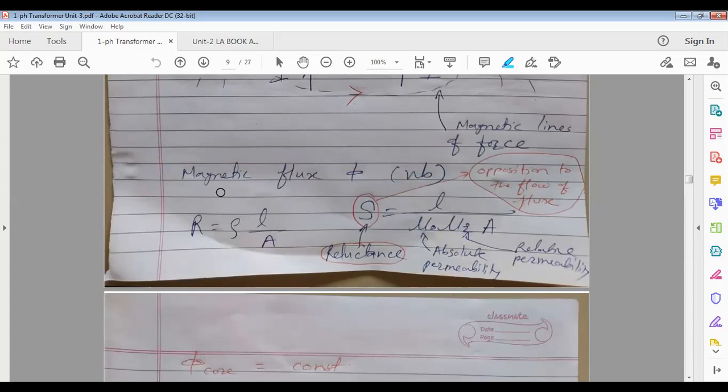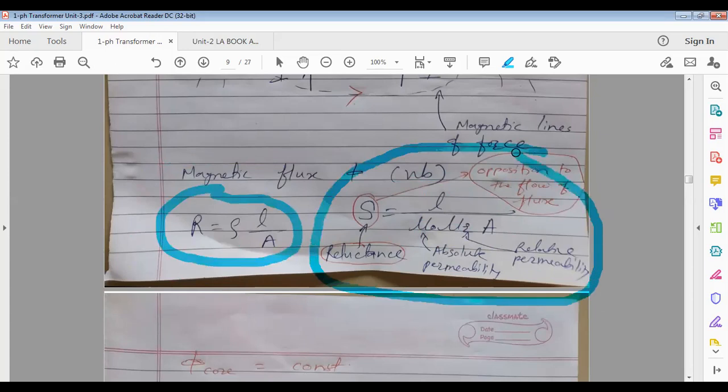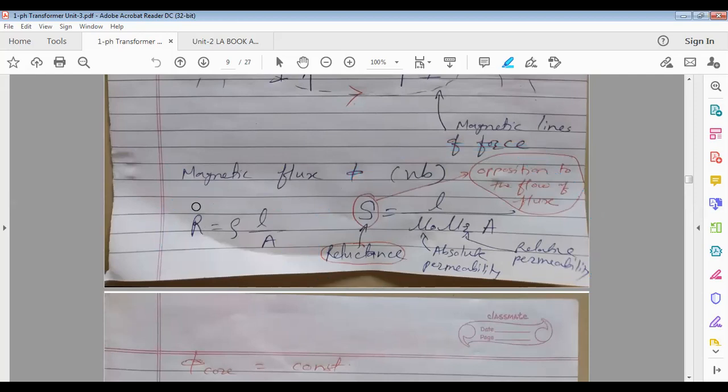In an electric circuit, the resistance of a conductor is less. In a magnetic circuit, the reluctance of magnetic materials like silicon steel, cast iron, cast steel is less. Resistance in an electric circuit is equivalent to reluctance in a magnetic circuit.